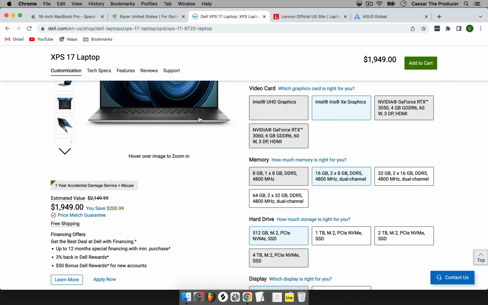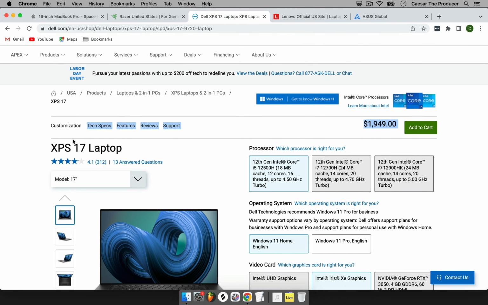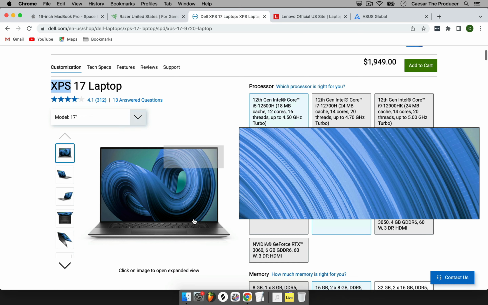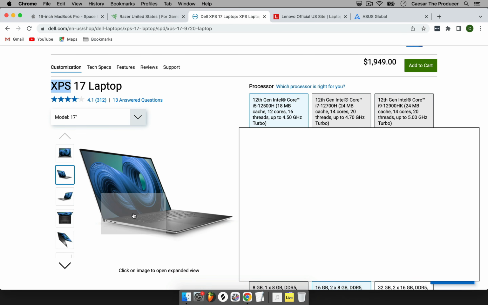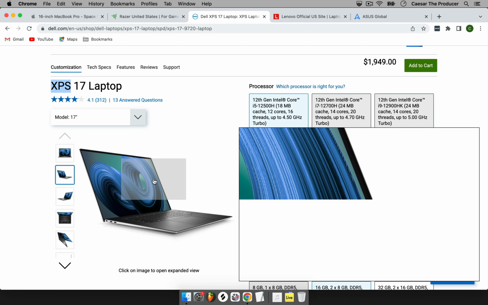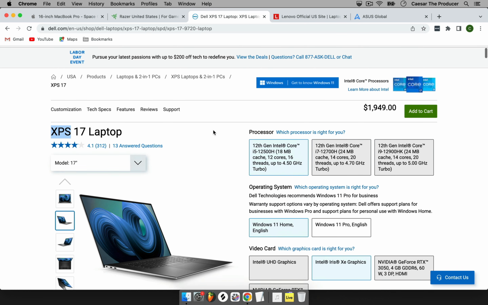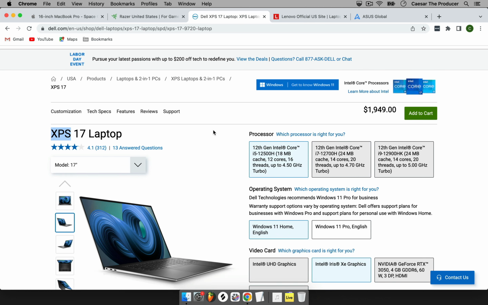You have Dell. I would say the XPS line is probably one that I think works well, even though I tend to find it's a little bit more suited for professional work. When I say professional, I mean office work, but it does come with some great configurations that are good, right?